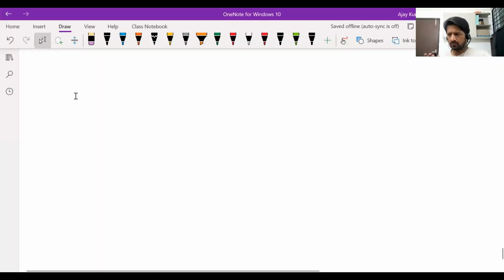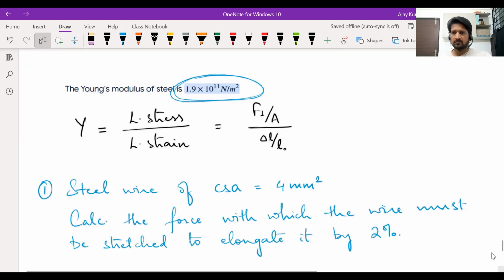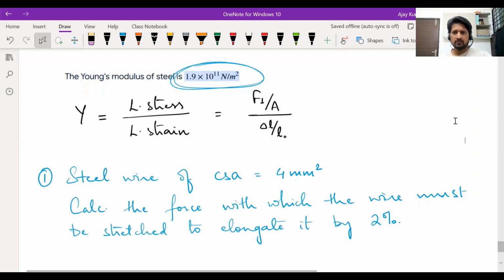Next, let's solve one percentage change based question based on Young's modulus and length of a wire. Consider this. The Young's modulus of steel, based on experimental data, is 1.9 into 10 power 11 Newton per meter square. And you know Young's modulus by definition is the ratio of longitudinal stress to longitudinal strain. The formula becomes perpendicular force per unit area of cross section divided by change in length by the natural length.